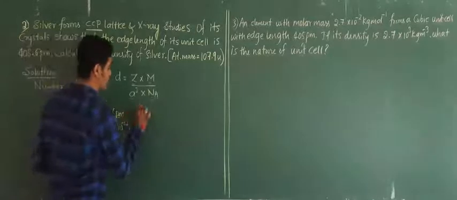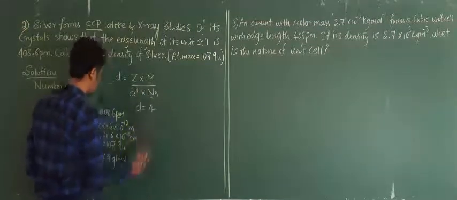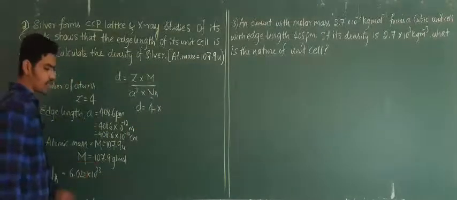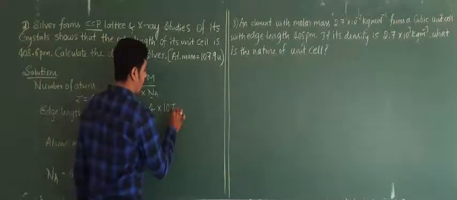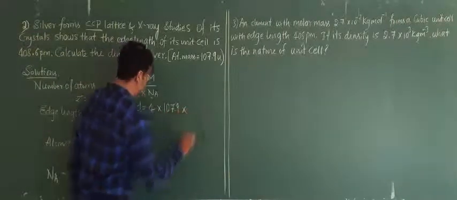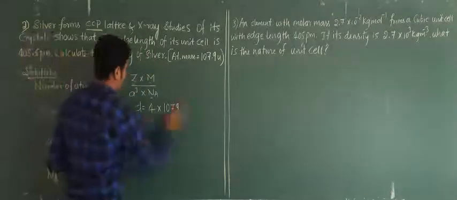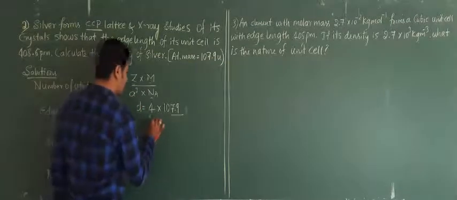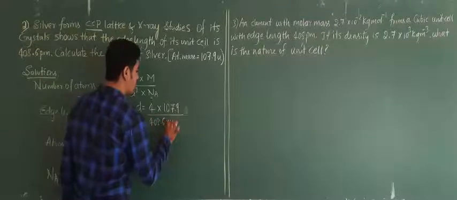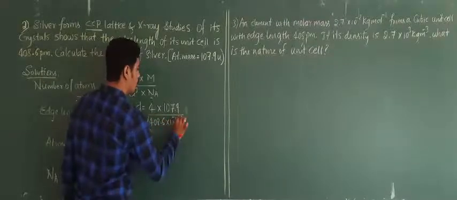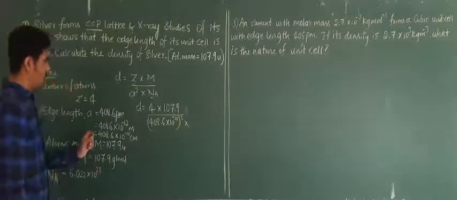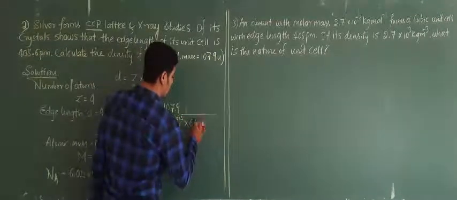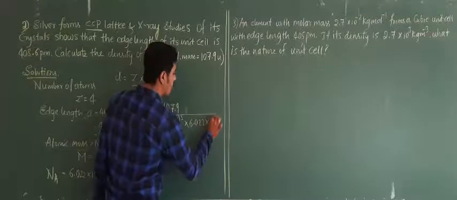So density is equal to Z, the number of particles, that is 4, and M, the molar mass or atomic mass, that is 107.9 gram per mole, divided by a, which is 408.6 into 10 raised to minus 10 cubed, into Na, that is 6.022 into 10 raised to 23.